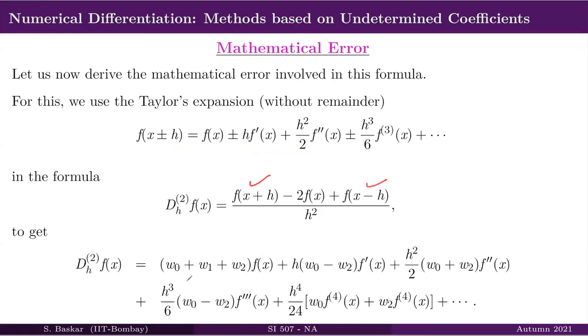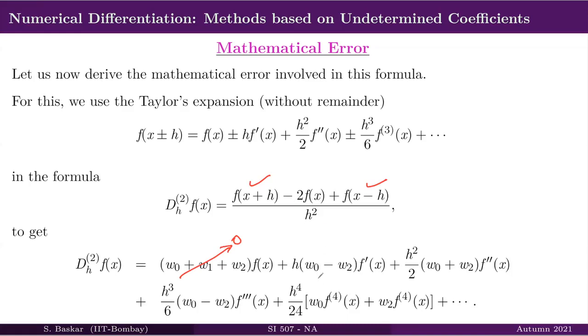Now you can see that the way we have chosen W0, W1, and W2, your linear equation from where we have chosen these weights suggests that this term actually goes to 0. It means in this expression, all the terms involving f of x are getting cancelled. That is what is happening here.